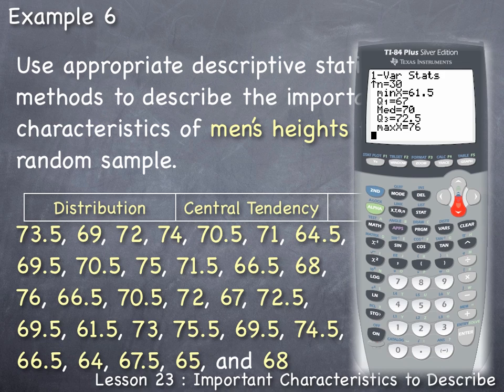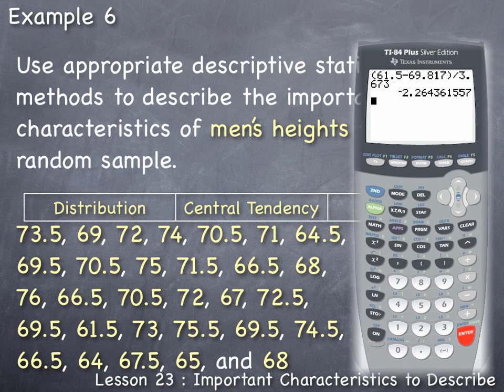Outliers are data values whose standard scores go beyond 3 standard deviations from the mean. So, we can calculate the standard score for the minimum and the maximum data value to see if the data extended far enough in the low or the high direction, far enough to become outliers. So starting with the minimum data value, the standard score is calculated by pressing left parenthesis, 61.5, subtract the mean, which was 69.817, close parenthesis, divide by the standard deviation, 3.673.